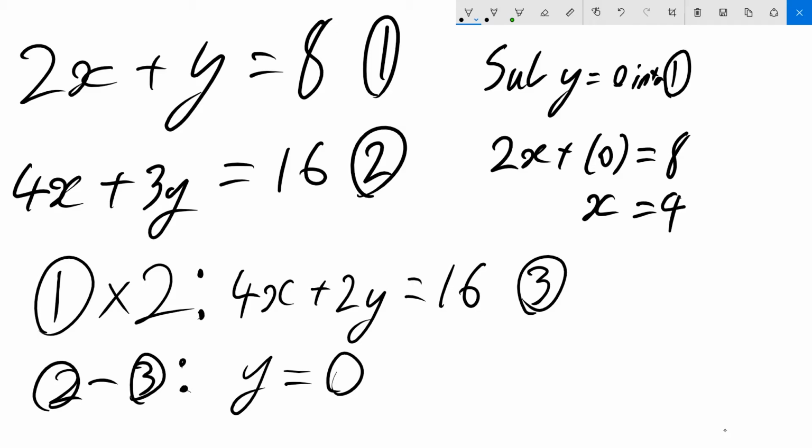So I just divide both sides by 2, x equals 4. So now the solution is 4, comma, 0.